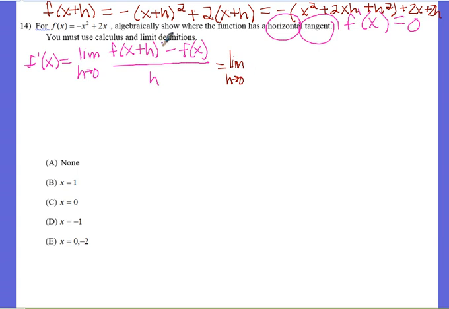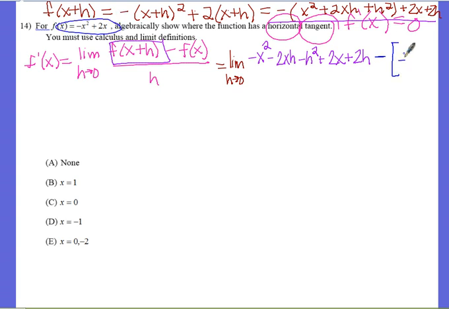So f of x plus h, this first part, I'll put in purple. I'm just rewriting what's up here: negative x squared minus 2xh minus h squared plus 2x plus 2h, minus f of x. That would be this part right here. f of x is the original function, negative x squared plus 2x, and all over h.